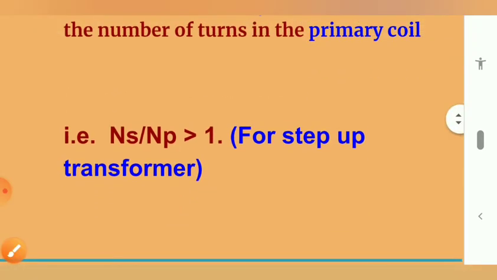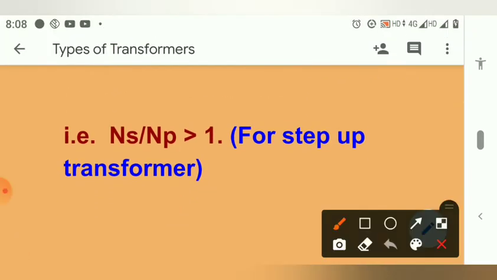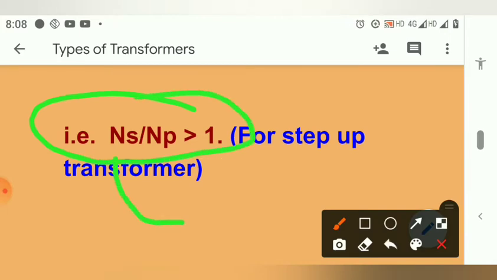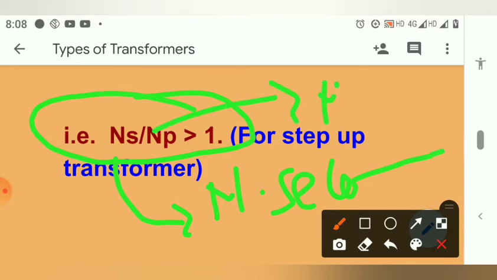Now here, NS by NP: mostly we want to know what NS by NP is. NS is the number of turns on the secondary coil, and NP is the number of turns on the primary coil.